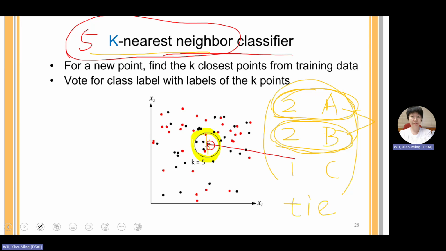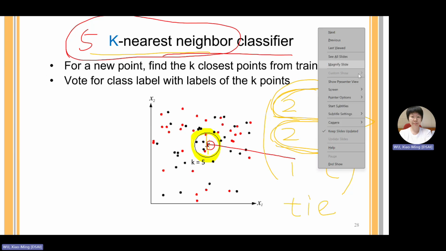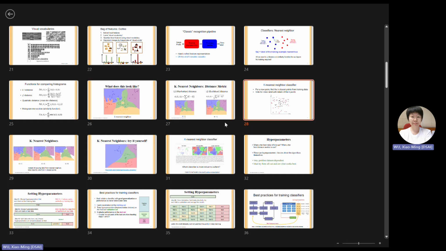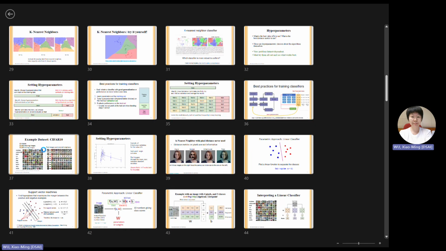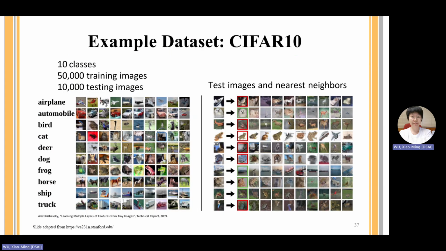The k-nearest neighbor classifier is the simplest classifier, and we can apply it for image classification. For example, this is the famous CIFAR-10 dataset, which contains 10 classes. For each class, there are 1,000 test images and 5,000 training images.